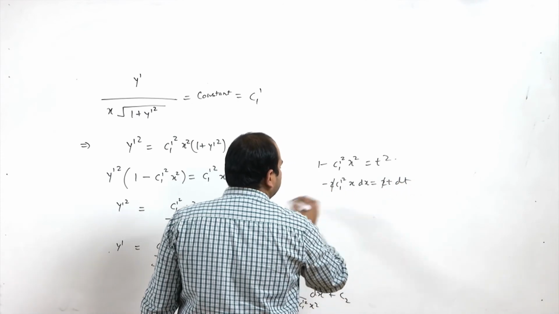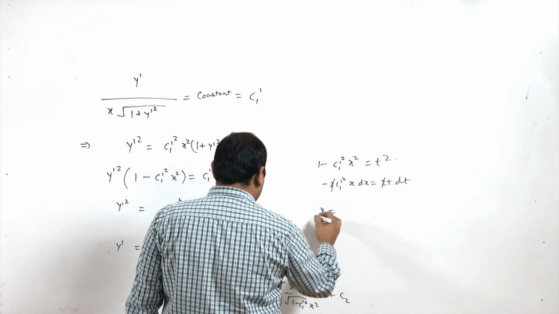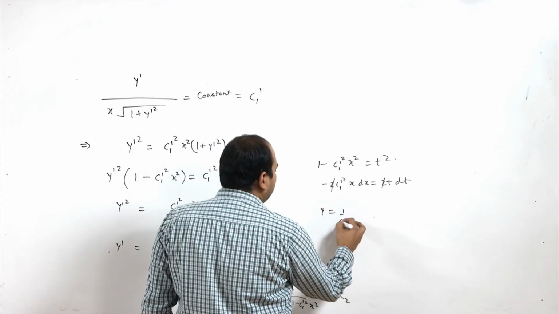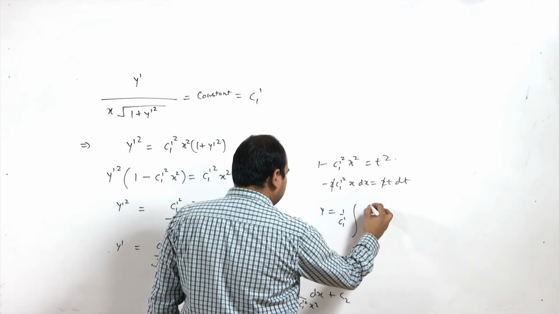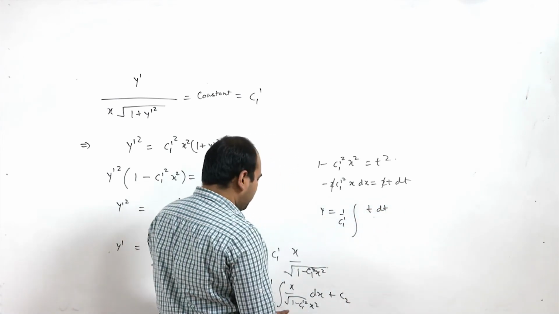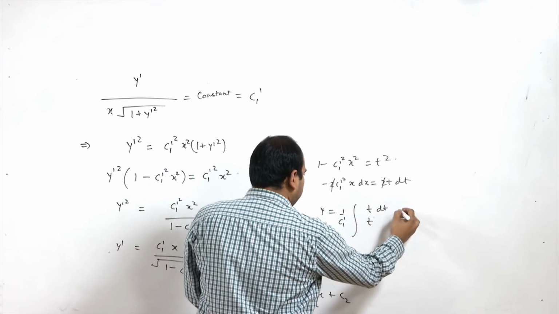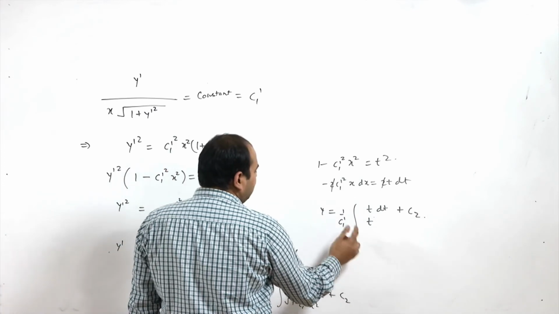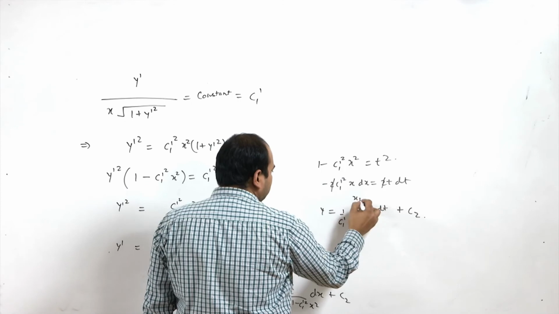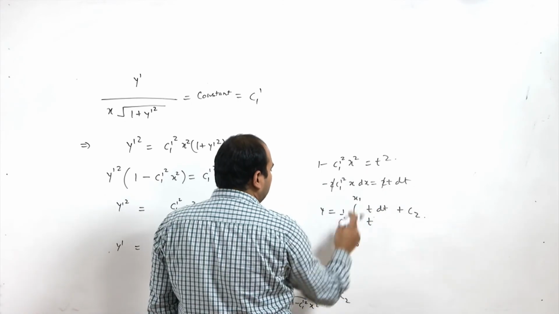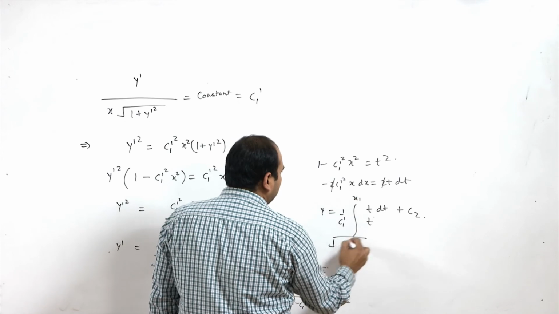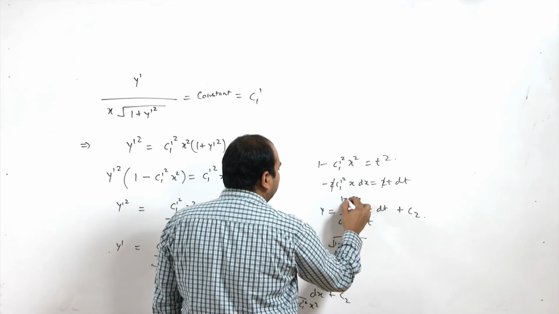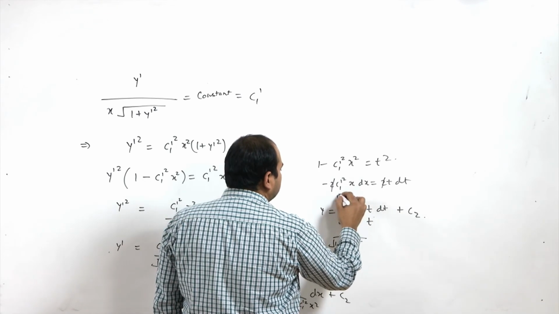The 2 cancels out, and y equals minus 1 upon C1 dash times the integral of t dt over t, plus C2, where the limits are from x0 to x1. The corresponding value of t is under root 1 minus C1 dash square x0 square, and similarly under root 1 minus C1 dash square x1 square.